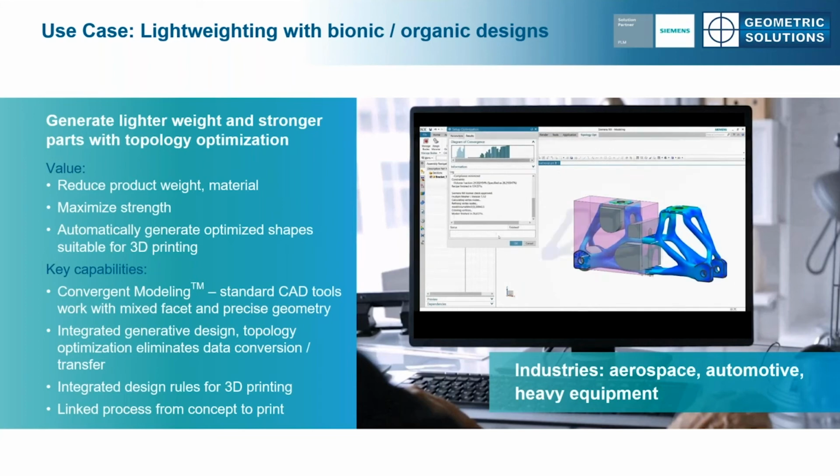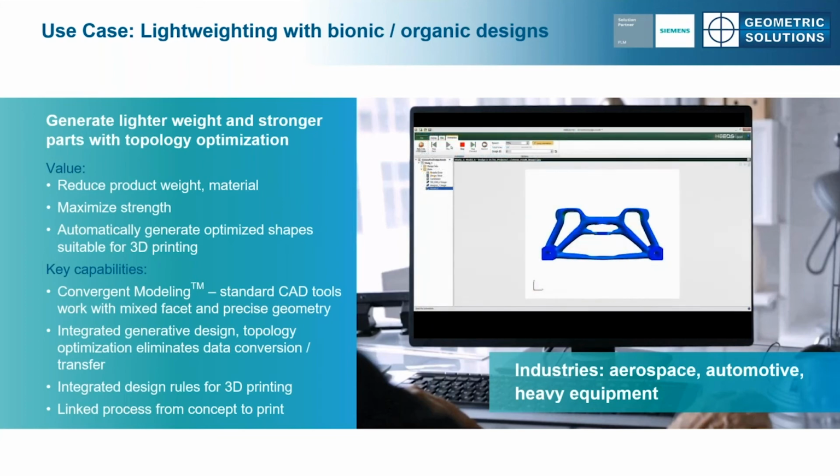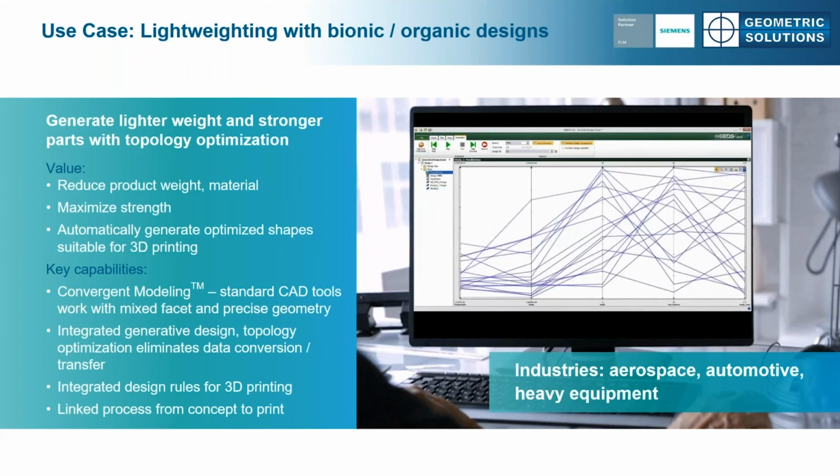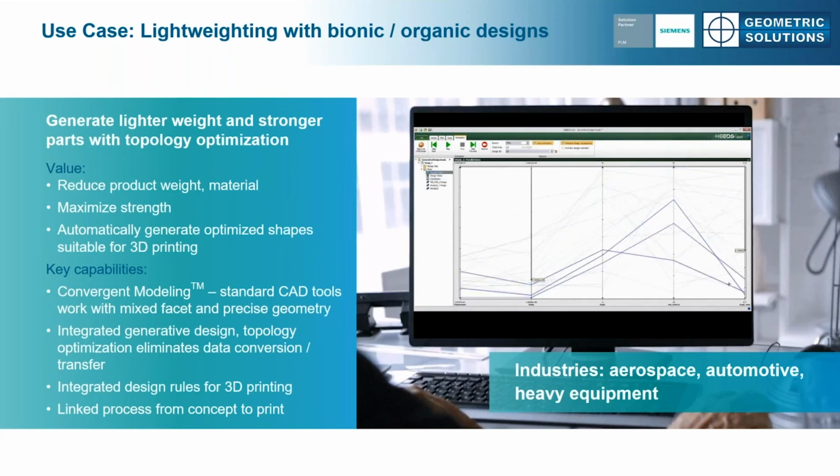So we say, where can that part go? Where can't it go? And we let the computer do the rest. So the computer starts to iterate, which is what we're seeing, gives us a bunch of different designs, and then we get to look at the performance of each one. And that's going to allow us to pick what design we actually want.